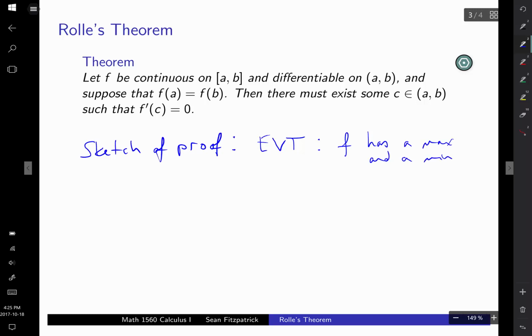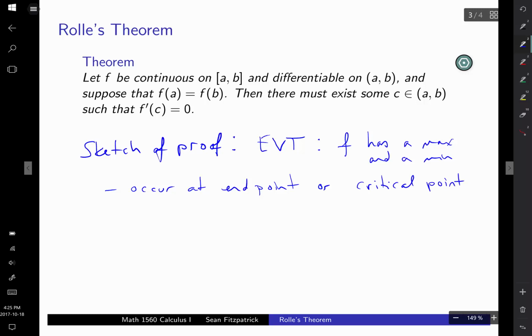It has to have a global maximum and a global minimum. And we know where those max and min values have to occur. They either have to occur at an endpoint or at a critical point.